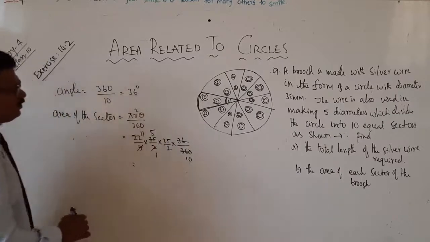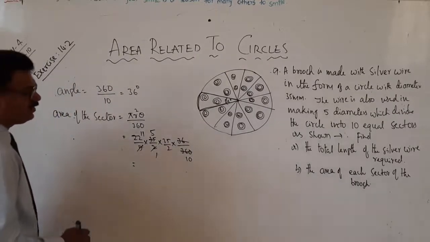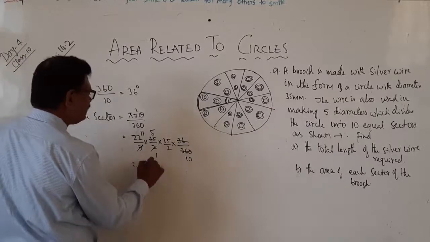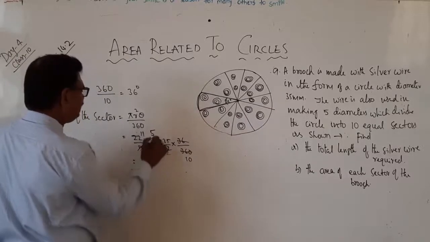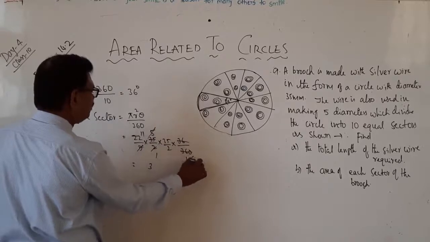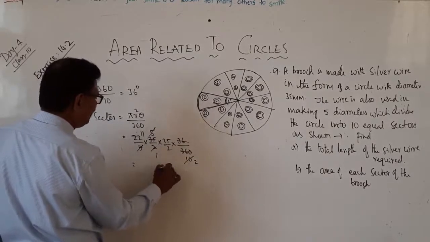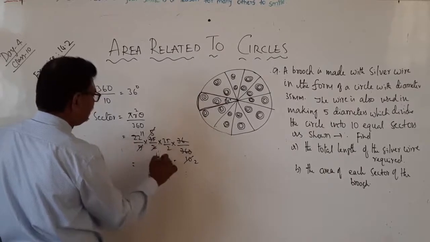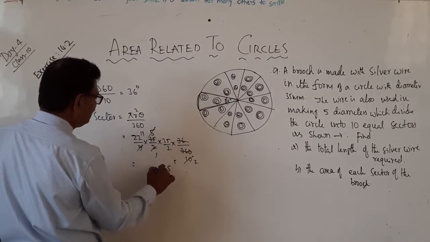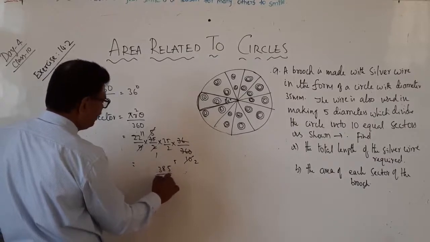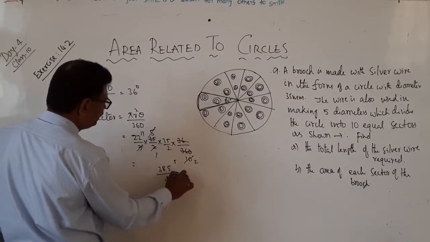So how much will you get? Still you can cancel: 5 ones, 5 twos. So it is nothing but 11 fives are 55, 11 threes are 33, 385 divided by 4 millimeter square.